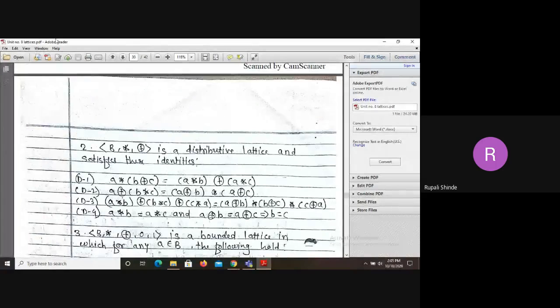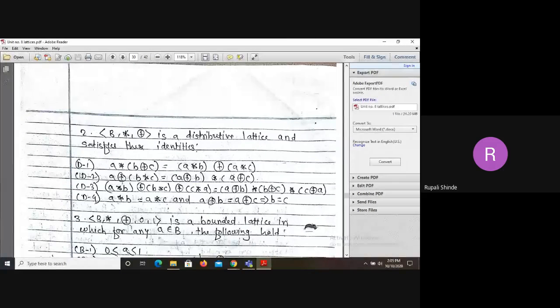Second part is given as: B star XOR is a distributive lattice and satisfies these identities. So now D1, D2, D3 and D4. Here D is for distributive lattice, and 1, 2, 3, 4 are the 4 properties.